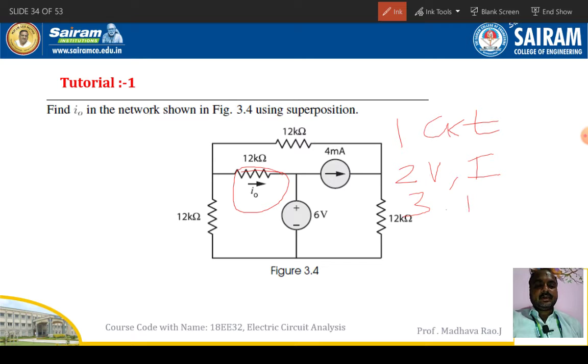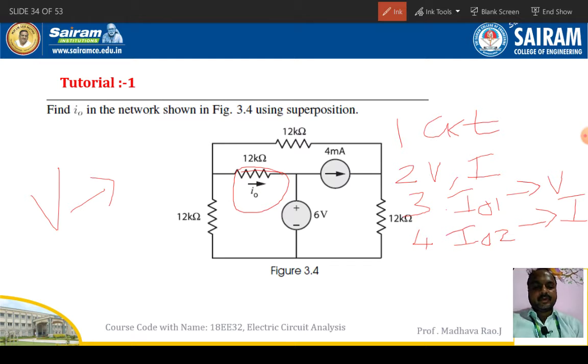So here I naught 1 is found when the voltage source is acting in the circuit. And the fourth step is I naught 2, which we have to find out when the current source is acting. Voltage sources we should always consider as a short circuit, and current sources we should always consider as an open circuit.